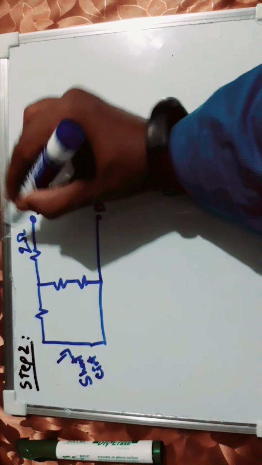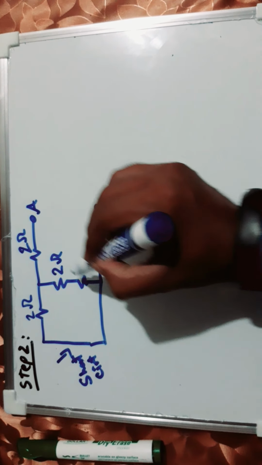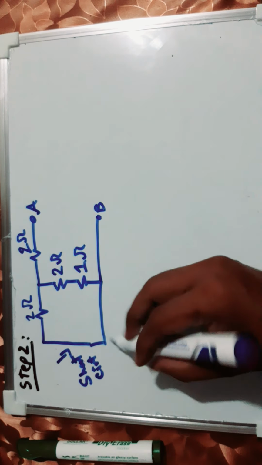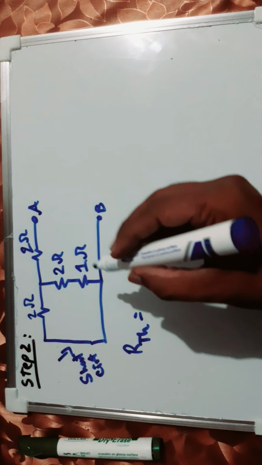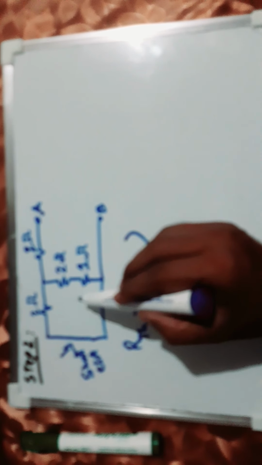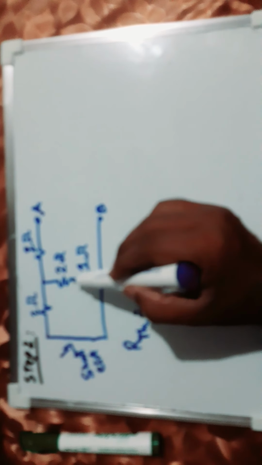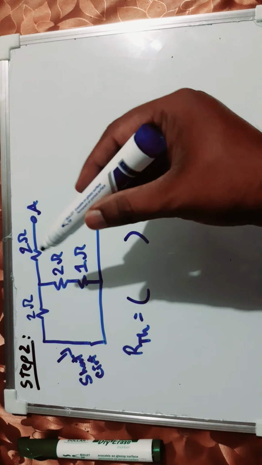That was 2 ohm, 2 ohm, 2 ohm, and 1 ohm. So how will we find the Thevenin equivalent resistance in this? Which resistances are parallel to each other? These are parallel to each other, while this is in series.